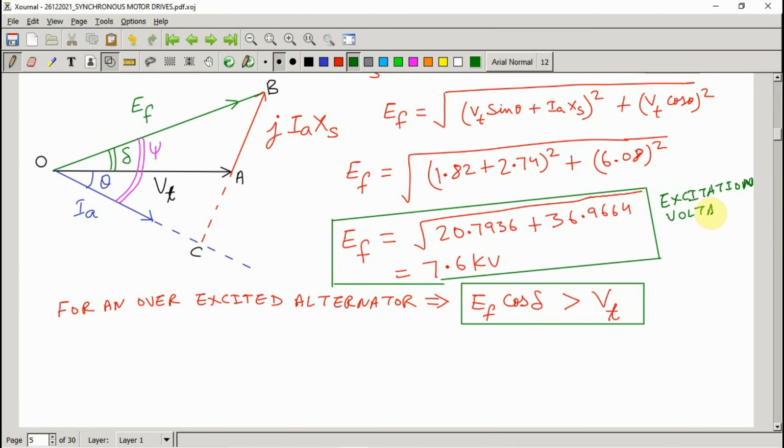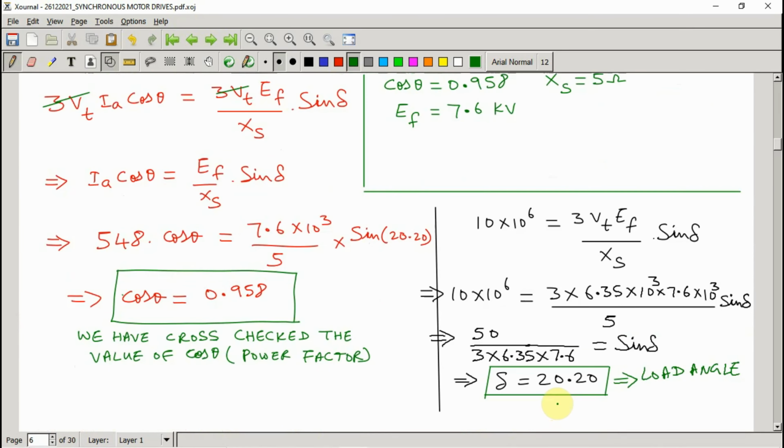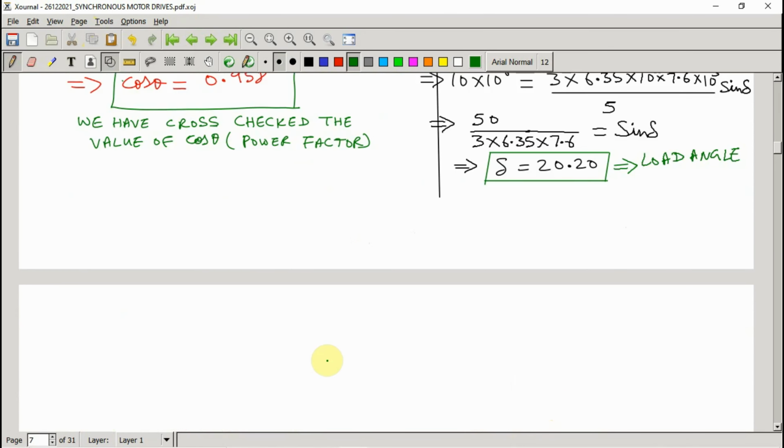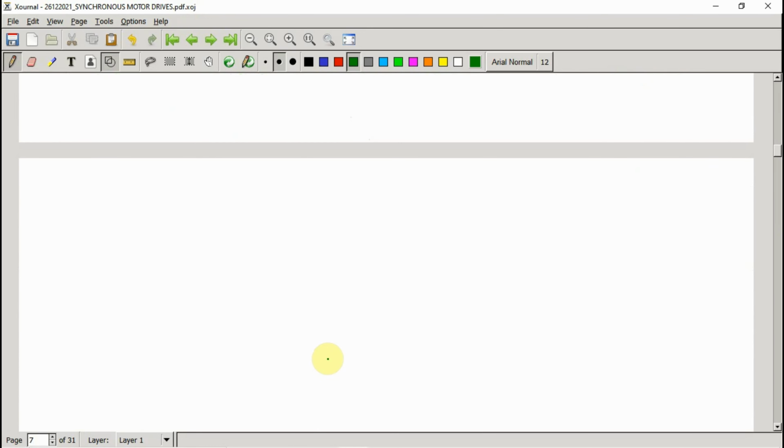Now remember, I have said that we can cross check whether EF cos delta is greater than VT or not. So let us cross check that, because it will serve as a good example that we have cross checked what we said in the beginning. So we have to find EF cos delta.